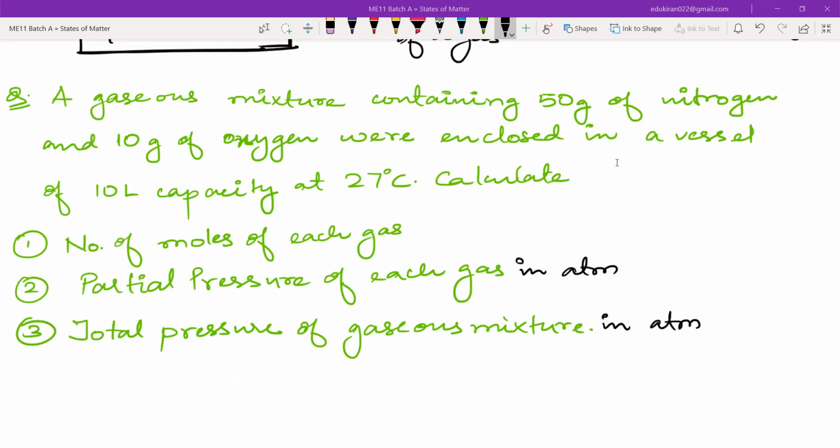You must have written somewhere that partial pressure of N2 is equal to the number of moles into R into the temperature divided by the volume, है ना? Yes, sir. And similarly, you would have written for O2 also the number of moles. Now, can you see that only the number of moles is changing and other things are constant for N2 and O2? Yes, sir. So the one with more number of moles will have higher partial pressure, है ना? Yes, sir.